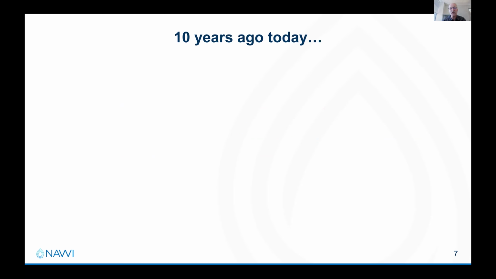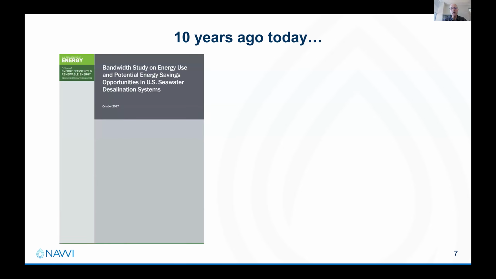I just want to start and introduce NAWI and the WaterTAP team this way. Many of you may not be aware of this, but 10 years ago, the DOE published a report, designed to first assess whether desalination had room for improvement.